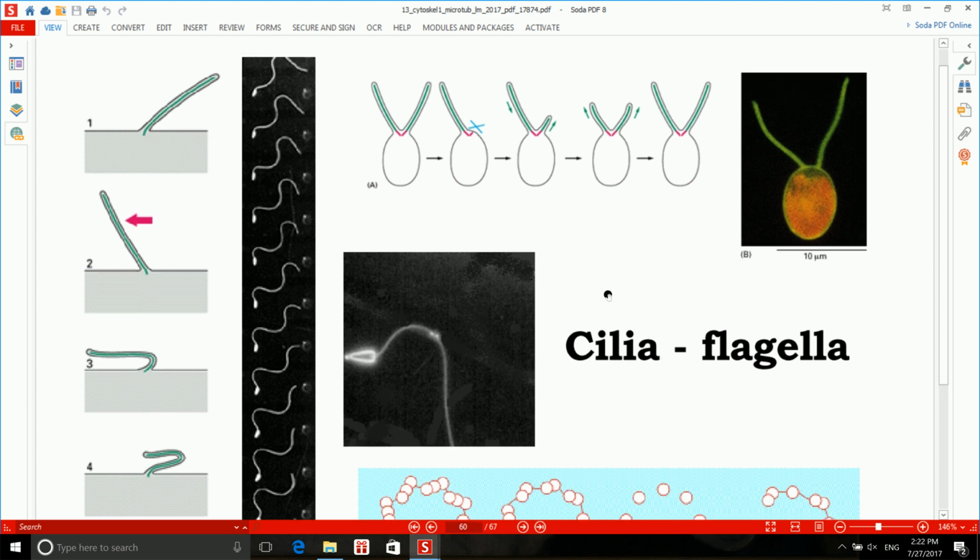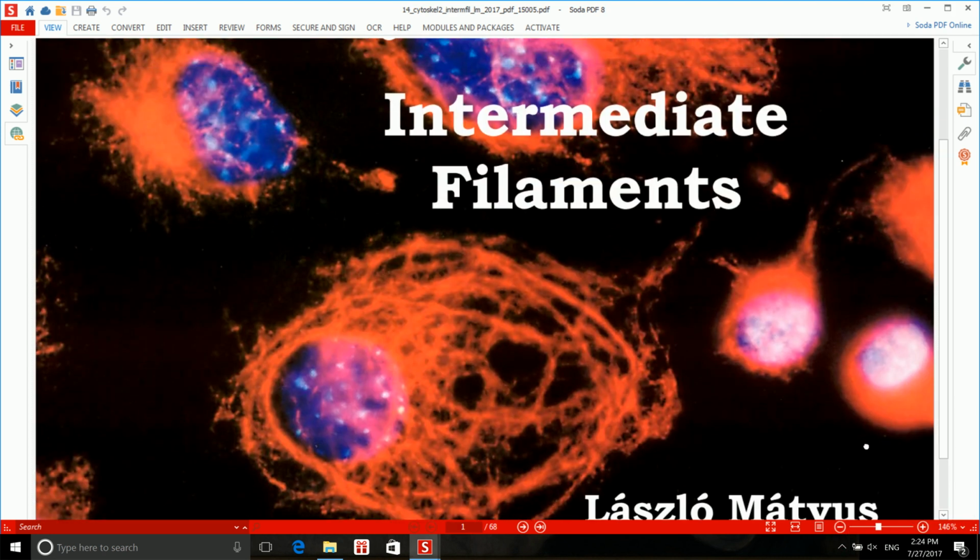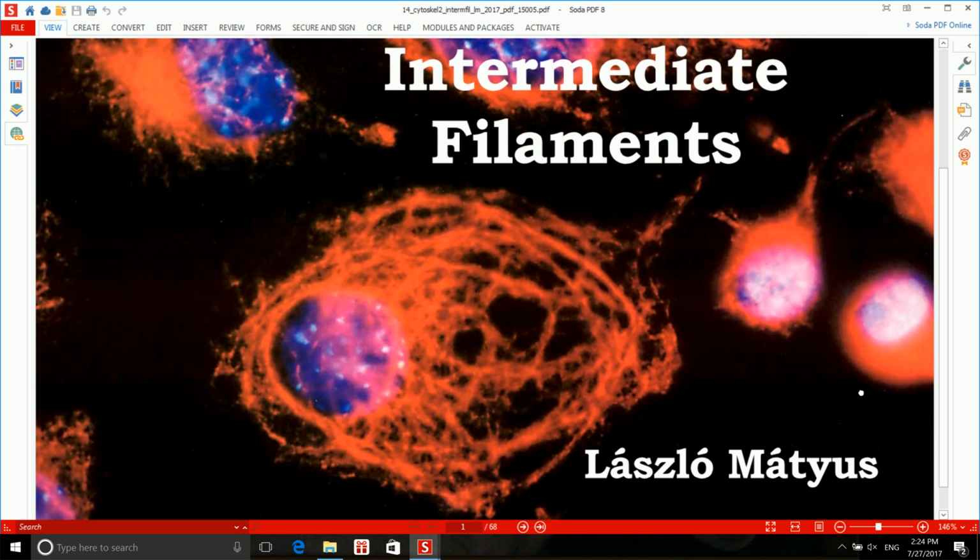Actually, flagella are very much longer than cilia, and that's the main difference. But the thing that you need to know is that cilia and flagella are made by microtubules.